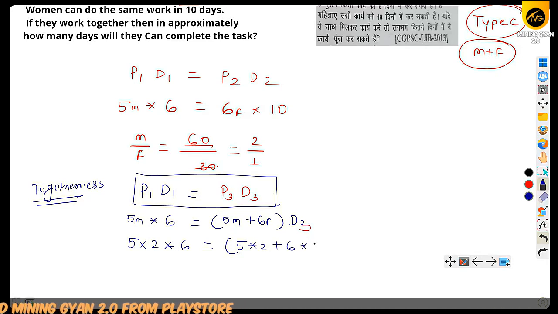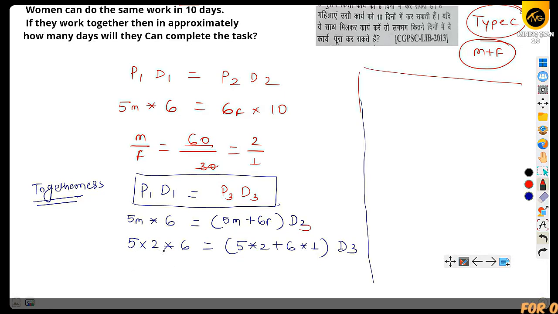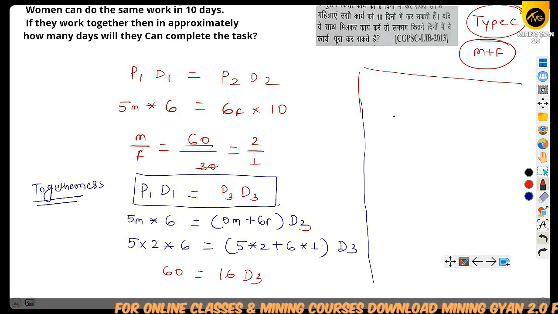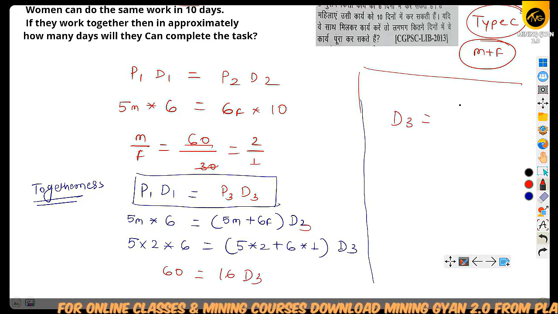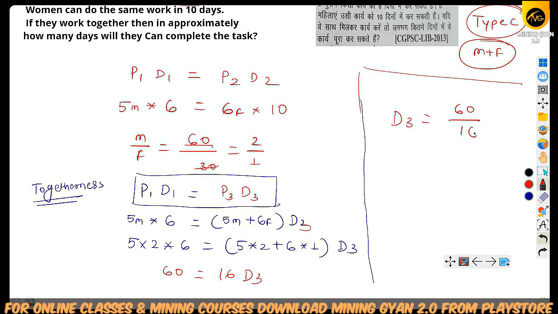So put 1 in place of f, is equal to, multiply by D3. Now 5 into 2 into 6, that means 10 into 6, 60, is equal to 5 into 2, 10, plus 6, so 16 and D3. D3 is equal to 60 divided by 16.